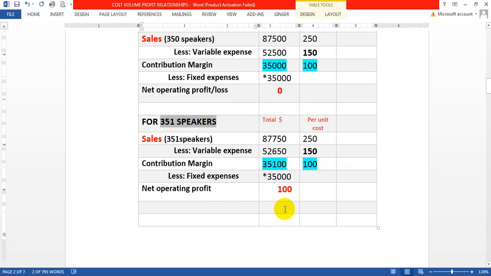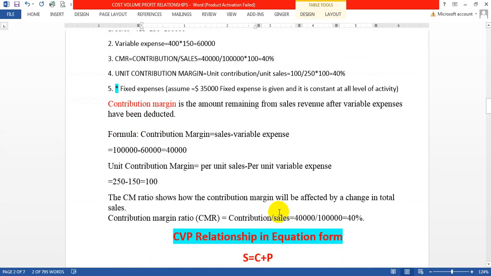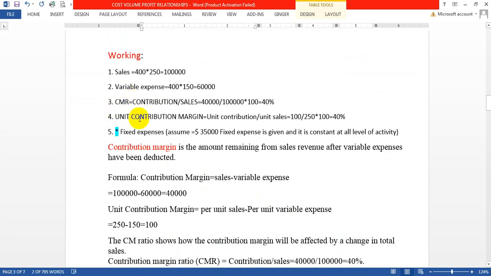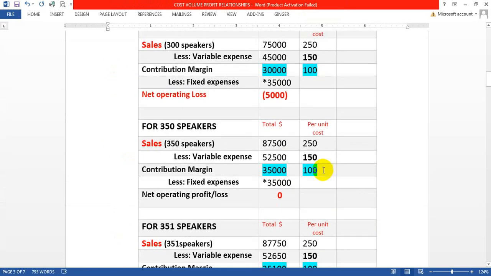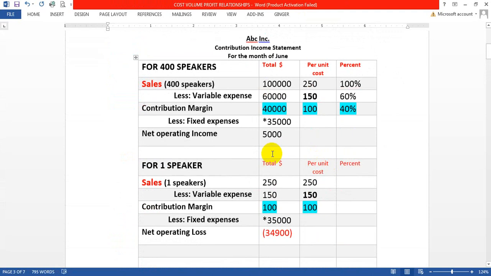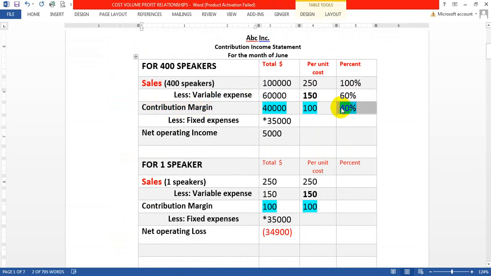Clear? Okay, next move. I used some definitions and formulas above. So I wrote here the sales, the variable expense, and the CMR, which I have calculated. The contribution margin ratio: when I am talking about this in terms of percent, I am telling about the CM ratio, right?